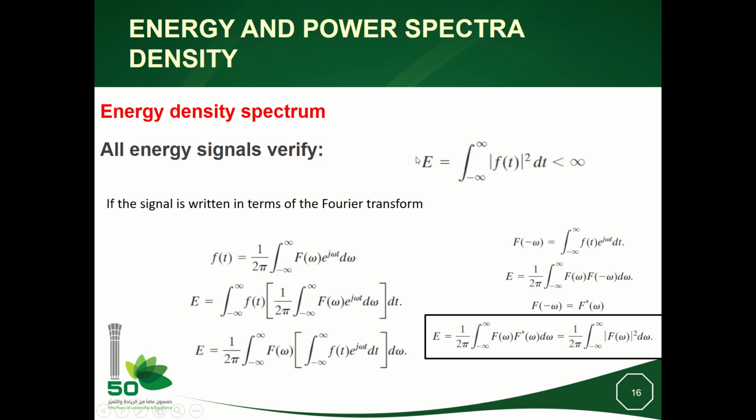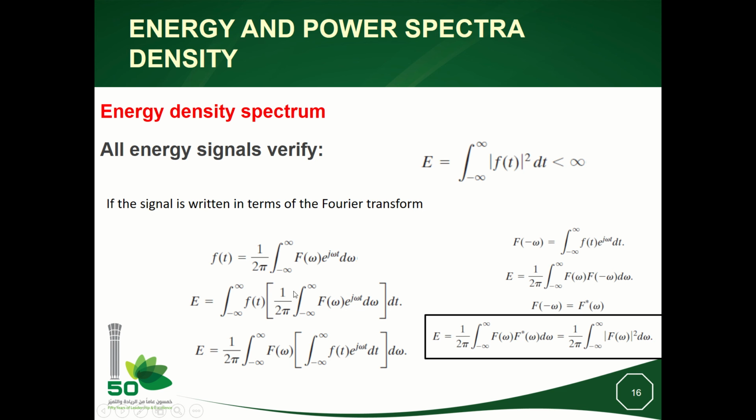So now E is defined by the integral from minus infinity to plus infinity of amplitude of f(t) squared dt. I can write it f(t) times f(t), and I will replace one of the f(t) by the inverse Fourier transform expression. Now here I have on one side integration with respect to time, and on the other side integration with respect to omega. So I can reverse the order of integration.